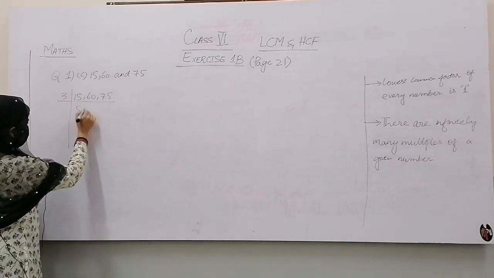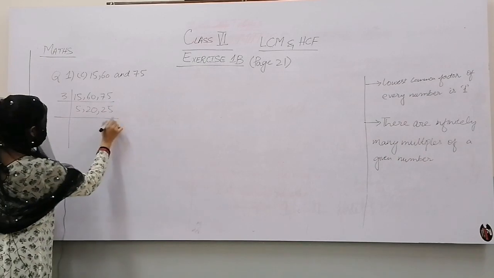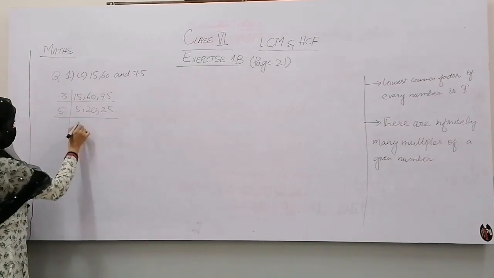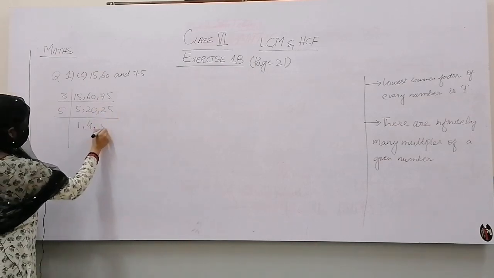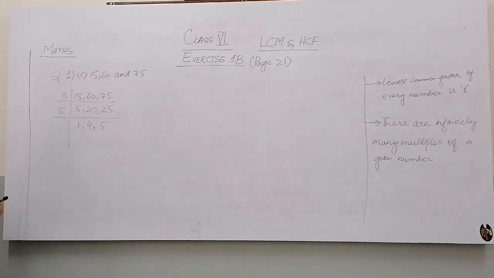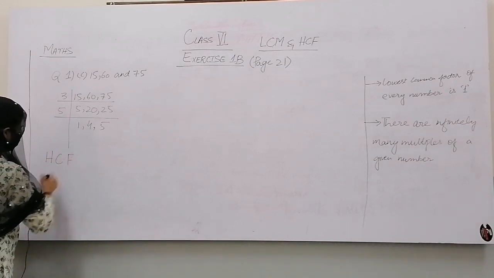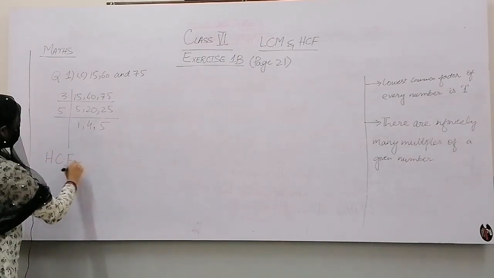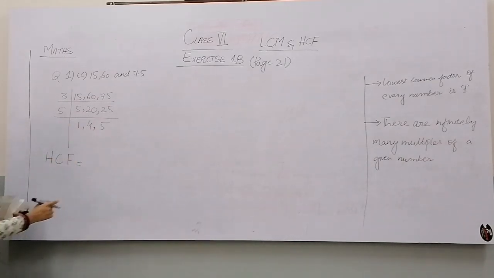3 fives are 15, 20, 25. And 5 fives are 25. HCF is equal to, we have to stop when there are no common factors present.